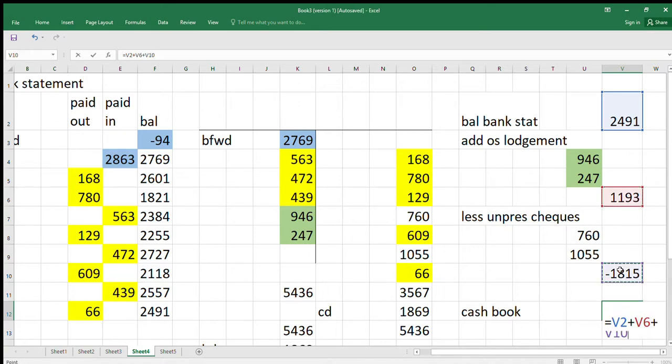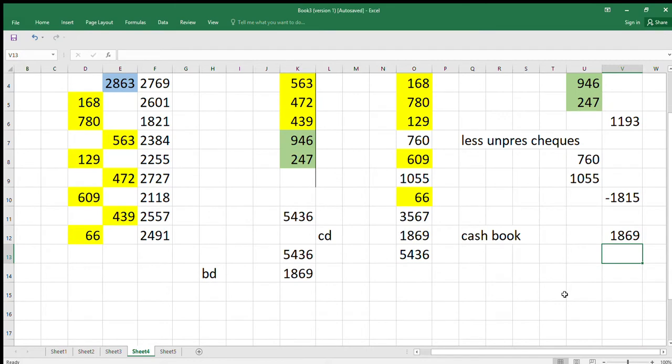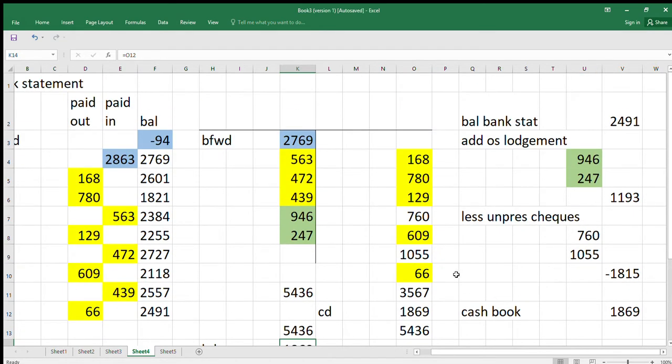That's the unpresented checks, which is that, and it's equal to our brought down figure. So that is the 4-stage method. I remember it didn't really have anything for stage 3 that was in the bank statement that wasn't in the cash book, so we didn't have to readjust our cash book. So that is the 4-stage method of the bank reconciliation.